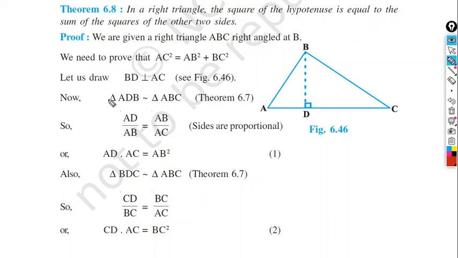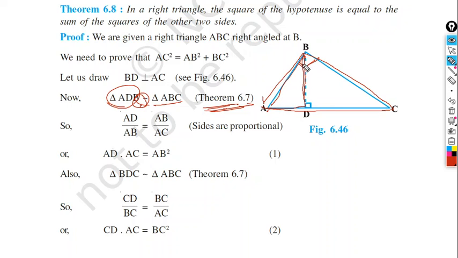So now triangle ADB, you can see triangle ADB, is similar to triangle ABC. Why? Because of theorem 6.7. What does theorem 6.7 say?